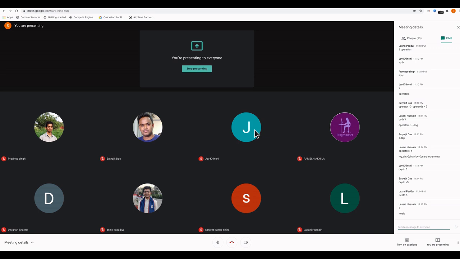Okay, I'm drawing the tree here. Depth 6, good.